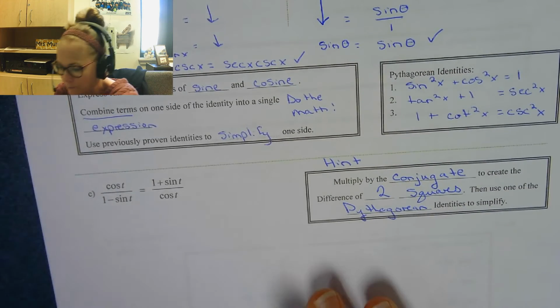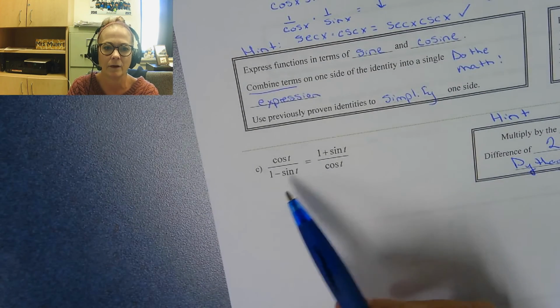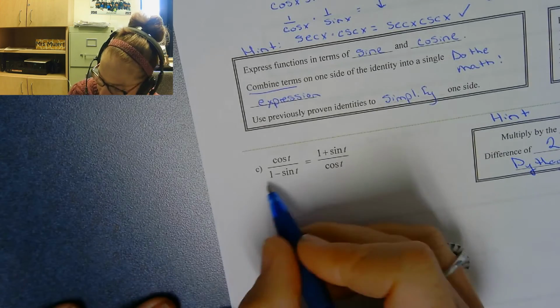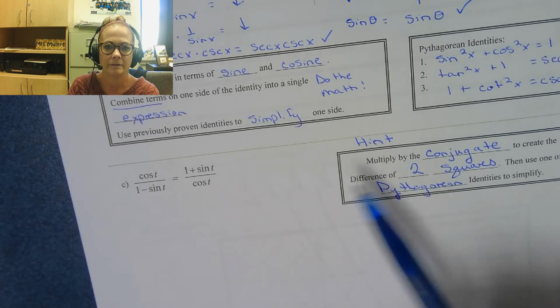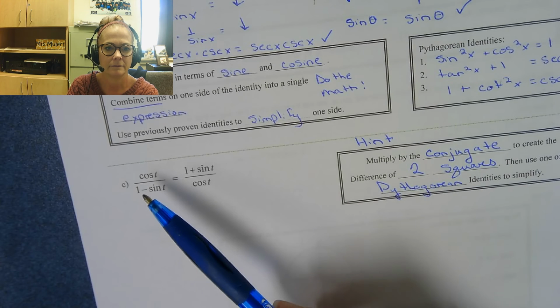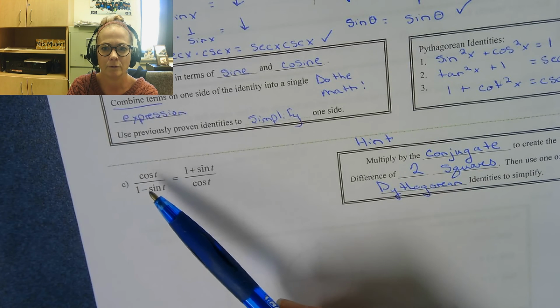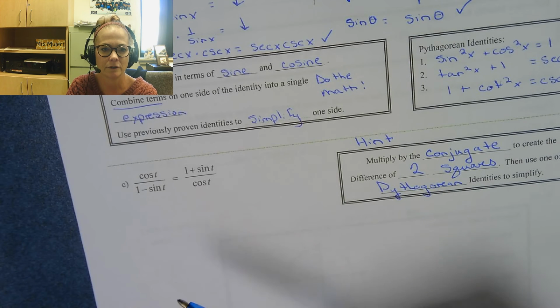Okay, so these are equally complex, so let's just work on the left and turn it into the right. So the conjugate, do we know what the conjugate is? The conjugate has the middle sign alternate. So x plus 2, x minus 2, those are conjugates.